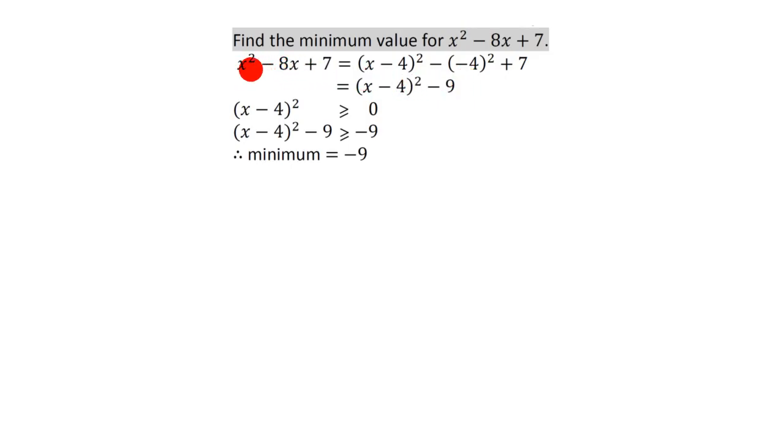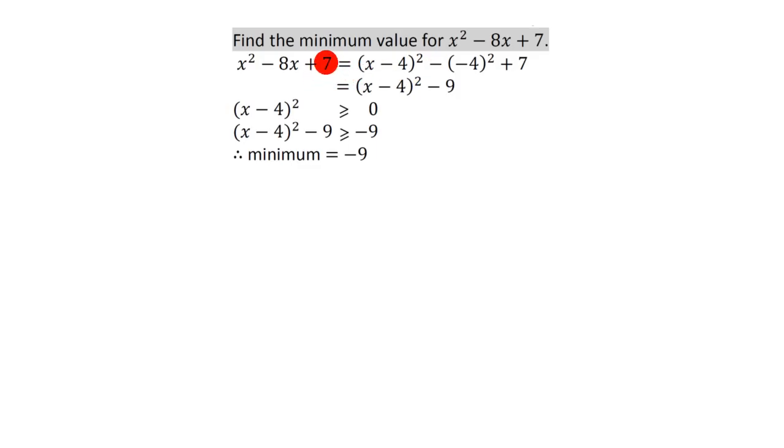Well, first thing we've got to do is complete the square, and you'll see why in a second. How do we complete the square? I'm not really making a video here about completing the square. I've done one before, but very quickly you simply halve this number in front of the x, which gives you minus 4, and you stick that minus 4 here and there in this standard expression that you get when you complete the square.